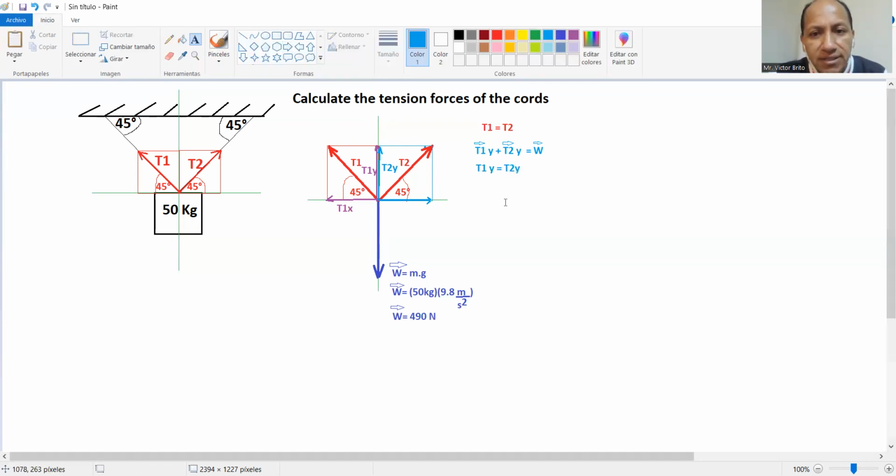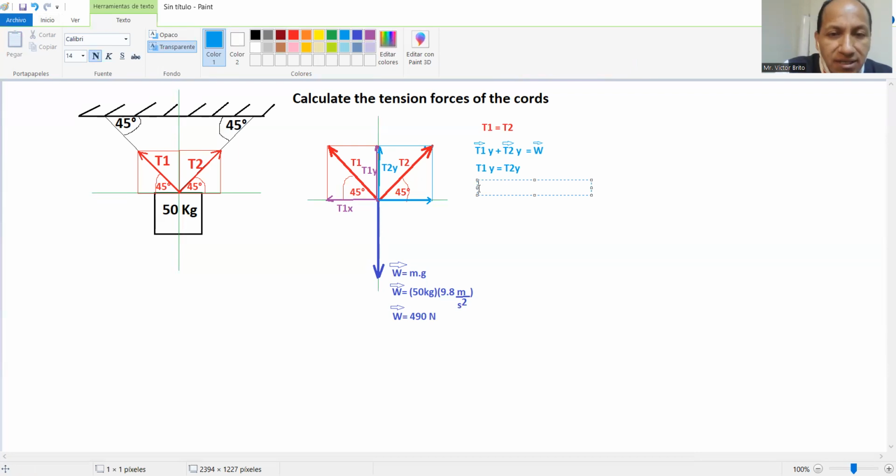If that is correct, then I could calculate just one of the two tensions, and when doing so, I just pass that value to the other one because both are the same. Let's calculate the tension 1 in Y. Well, if the two forces are the same, I could replace, for the first equation, the tension 2 with the tension 1, so it's like saying tension 1 in Y plus tension 1 in Y equals the weight.